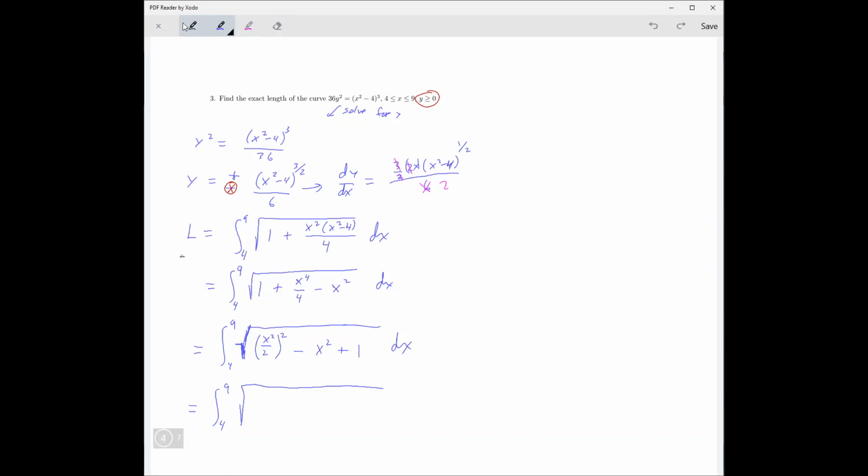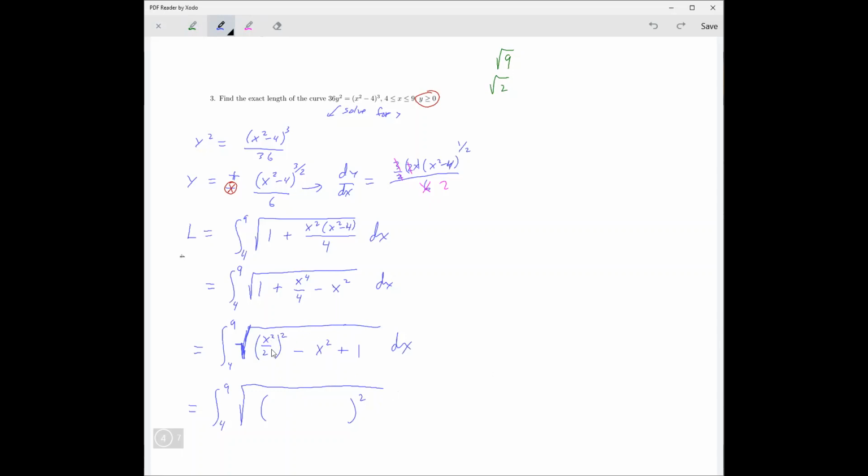Which would you rather take the square root of, the square root of 9 or the square root of 2? Which is easier? Square root of 9. So the best possible situation is where you have something squared, which is actually what you have.